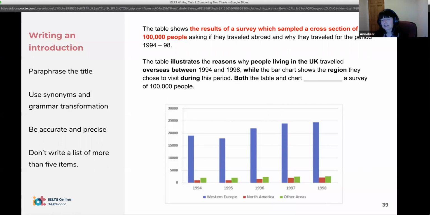And then how can we continue? We need to think more. It's not really about, they're using the survey, so the table and chart are, it's quite a tricky one, this.